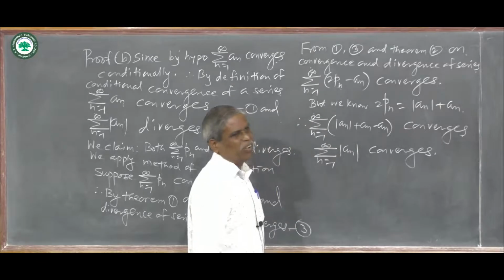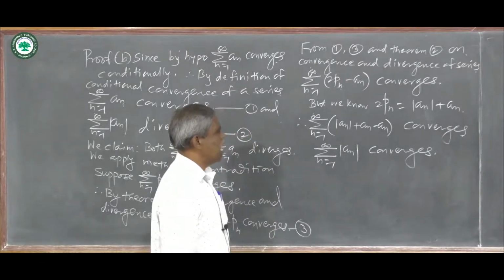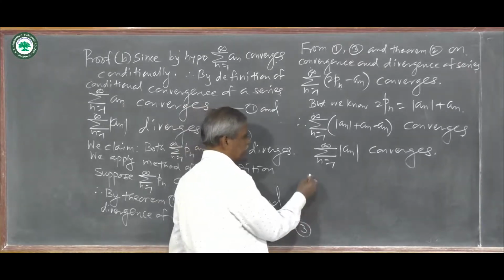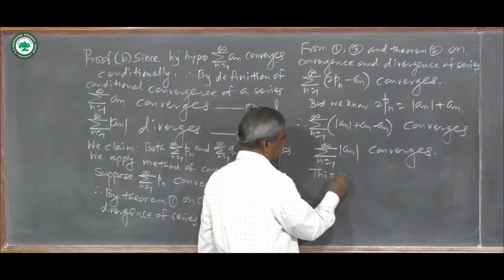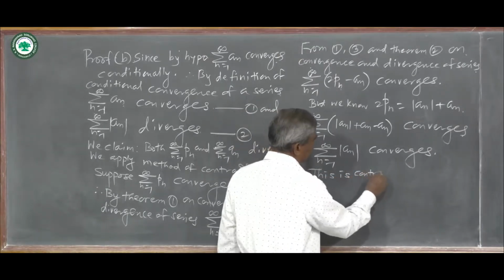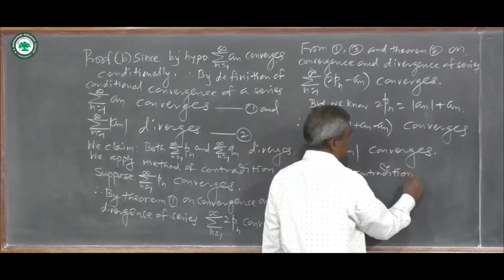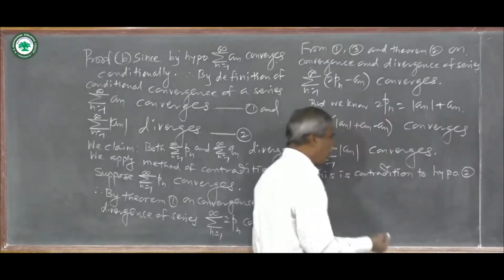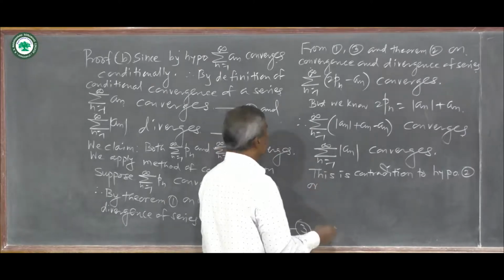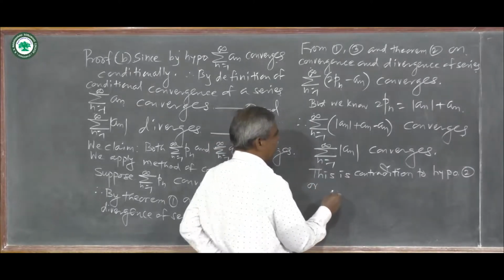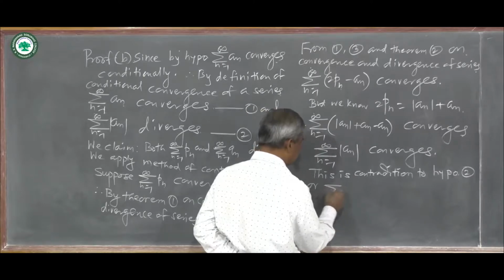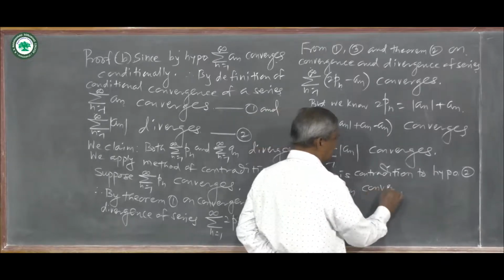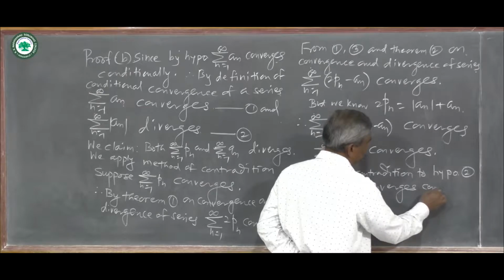This is a contradiction to our hypothesis 2, that sigma an converges conditionally.